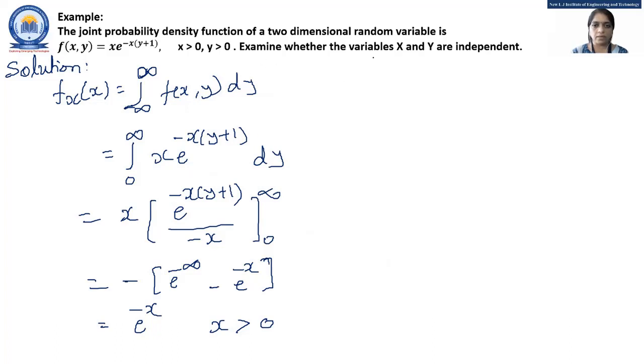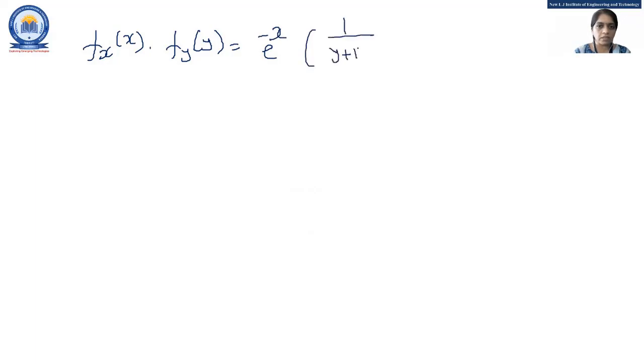We want to check whether the variables x and y are independent or not, right? So for that, f of x for all x times f of y for all y: the value of f of x for all x is e to the power minus x, and this one is 1 upon (y plus 1) whole square, right?